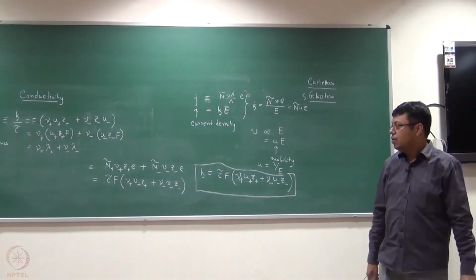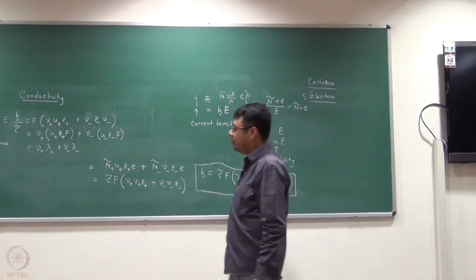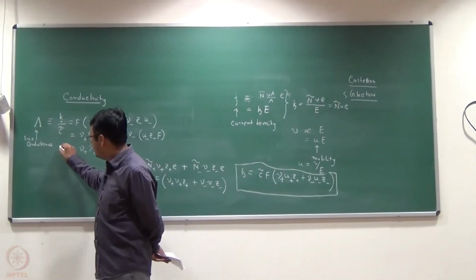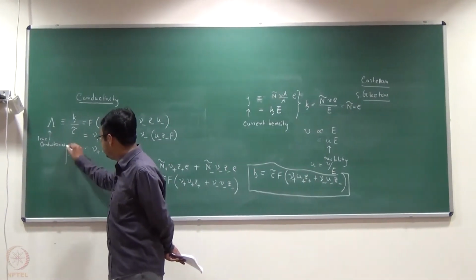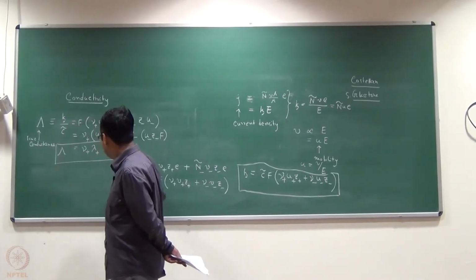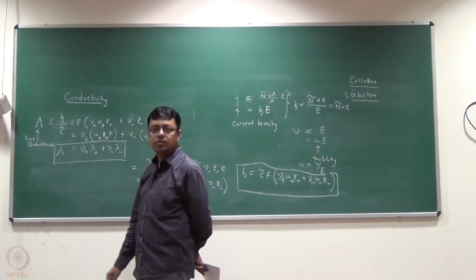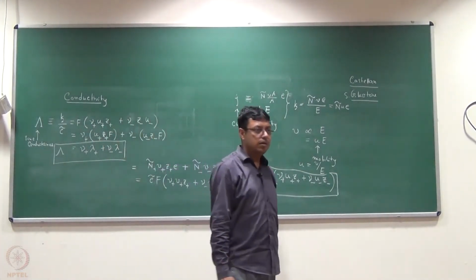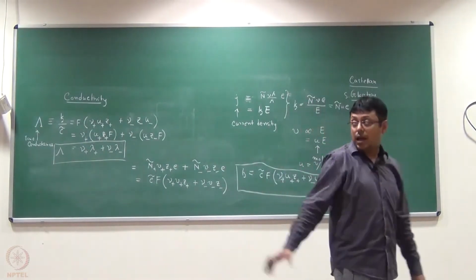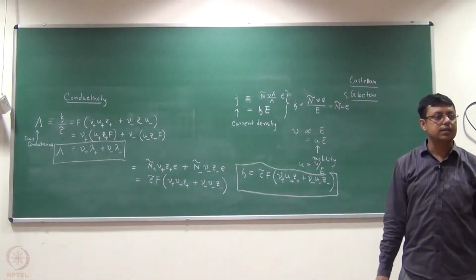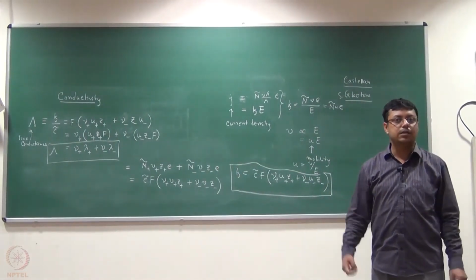Now the problem is with this formula. When people write the total conductance, I can write it as a conductance of cations and a conductance of anions, because these are two parts. Right now it is kind of inseparable, in the sense that what you will measure is the conductance.